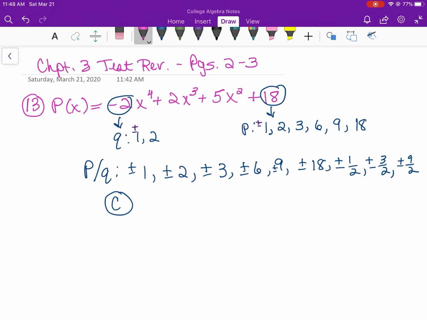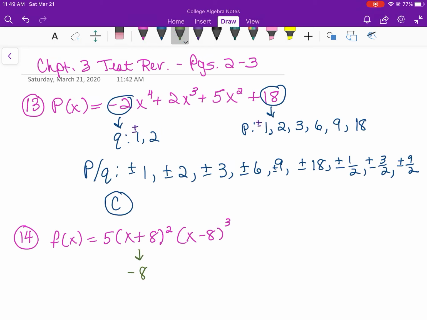Okay, number 14. All right, find the zeros and then state the multiplicity of each. Okay, so we have 5, x plus 1, x plus 8 squared, x minus 8 to the third. So this is going to be negative 8 as a 0.